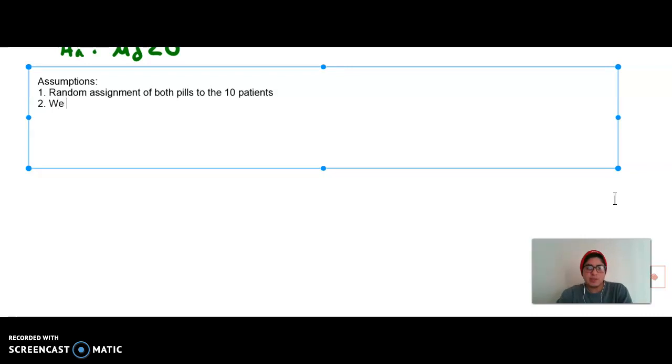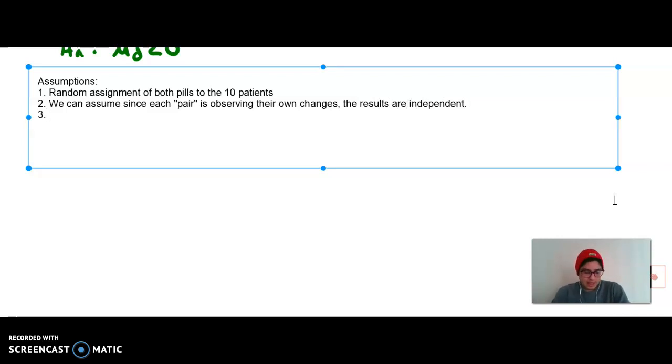Next up, we can assume since each pair is observing their own changes, the results are independent. Since I'm taking the pill, it should have no influence on the results of you taking the pill.